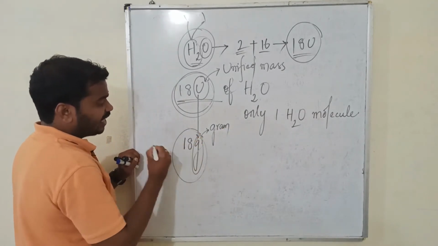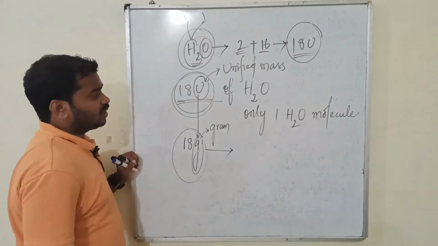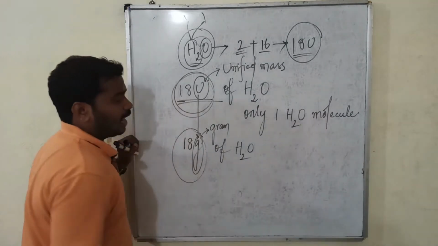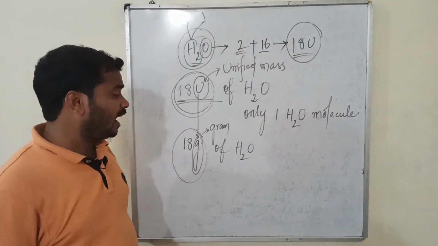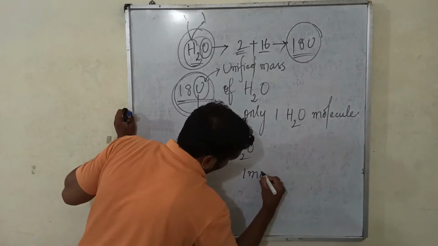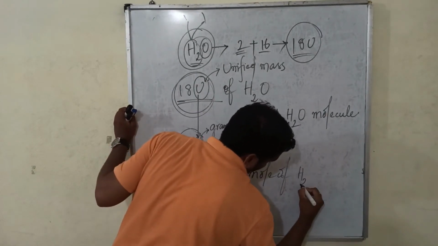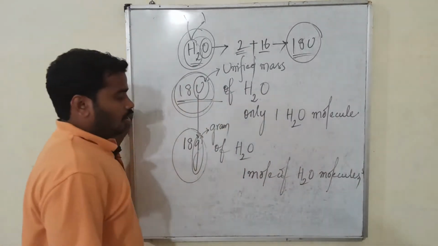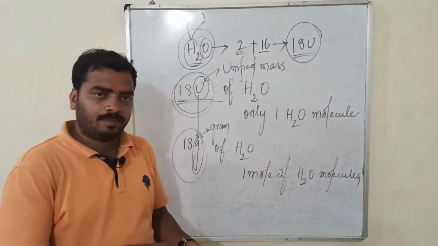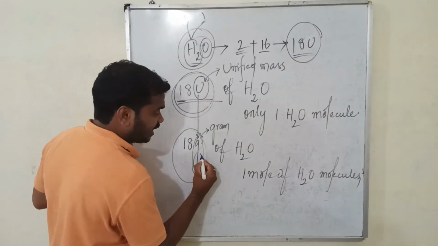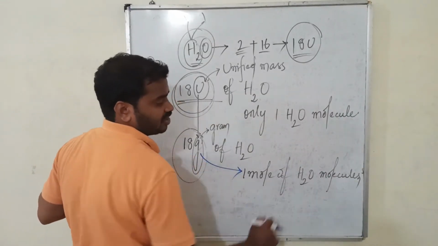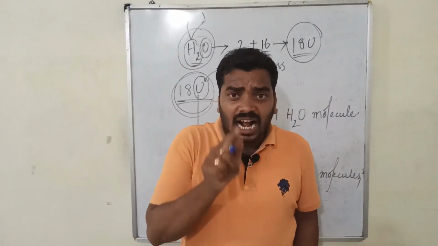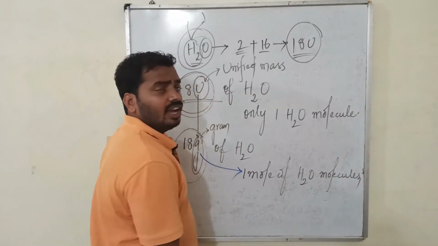So if you consider 18 grams of H2O, that would make 1 mole of H2O molecules. 18 grams of H2O is nothing but 1 mole of H2O molecules. It means if you have taken 18 grams of water, in that there will be 1 mole of H2O molecules.